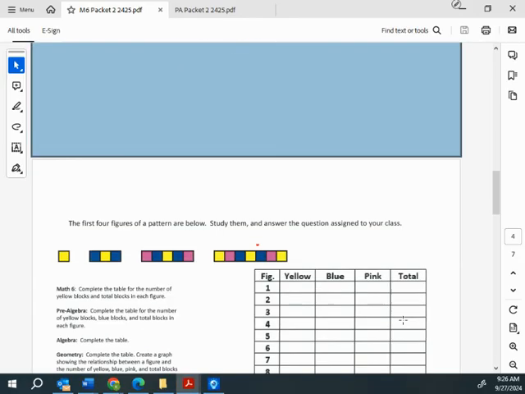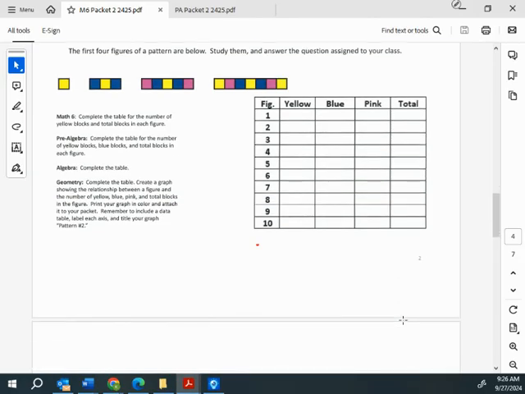Now, on your printout, I use the black and white machine because it staples for me, because you don't really need to have the colors on your page. The directions say for Math 6, complete the table for the number of yellow blocks. The yellow blocks on your paper would be the white ones.